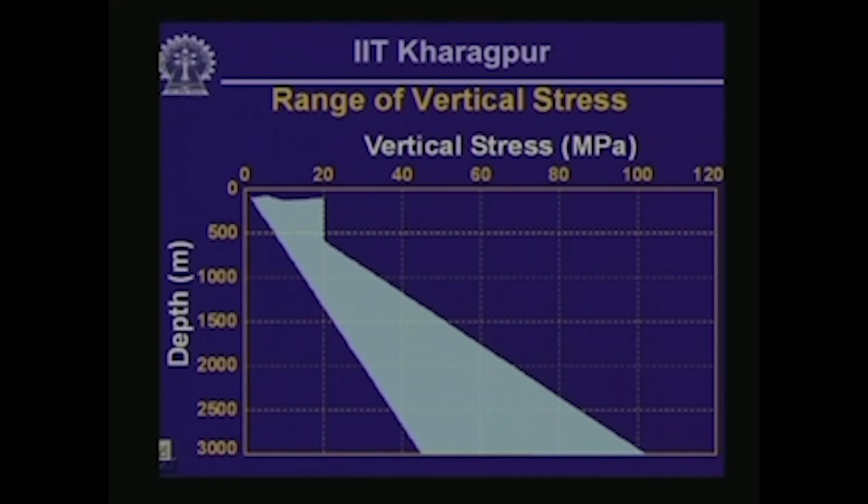But roughly speaking, vertical stress increases linearly with depth, and the linear increase is approximately computed if you consider a unit weight of rock in the range between about 20 kilonewton per meter cube to about 28 kilonewton per meter cube.